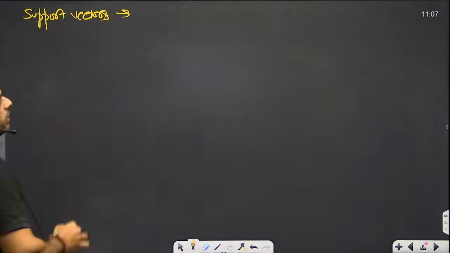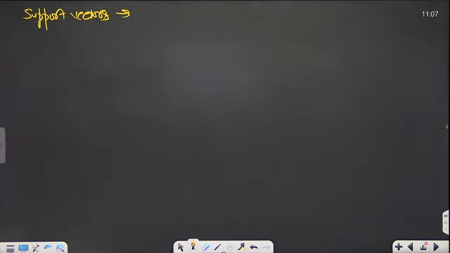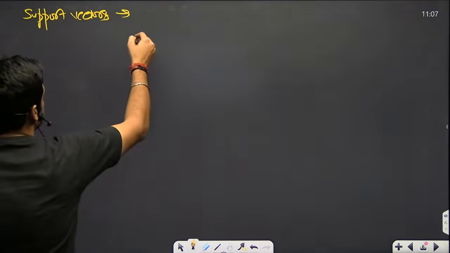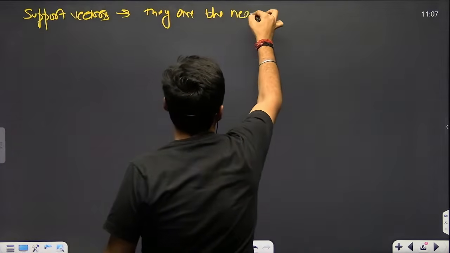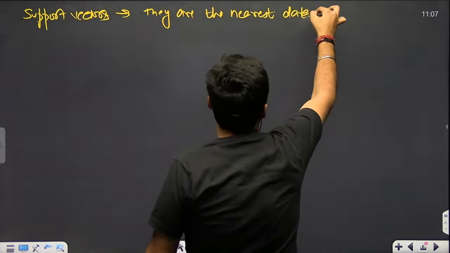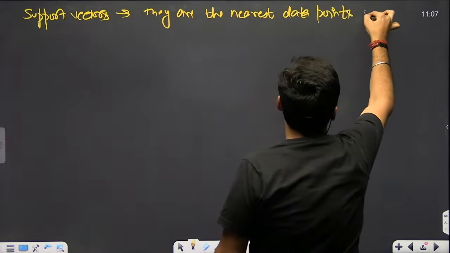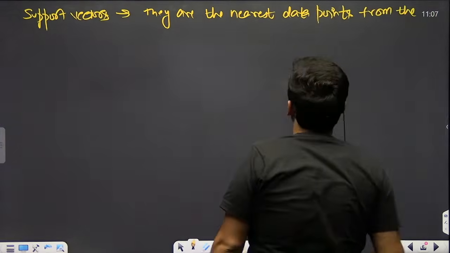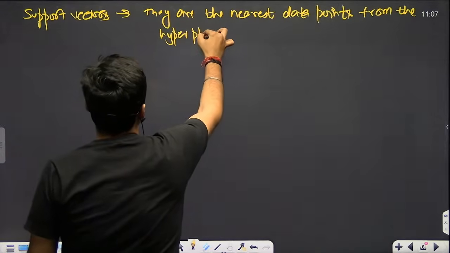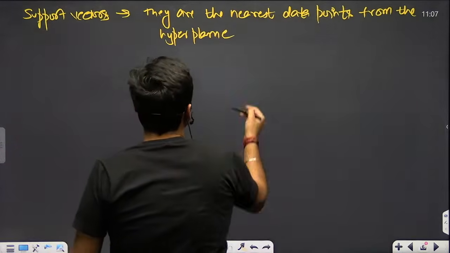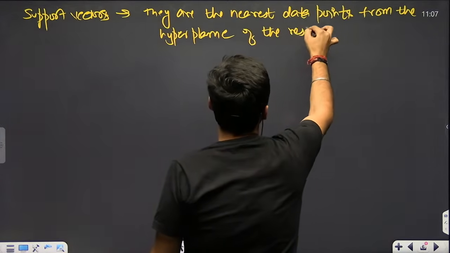Support vectors are the nearest data points from the hyperplane of the respective class.